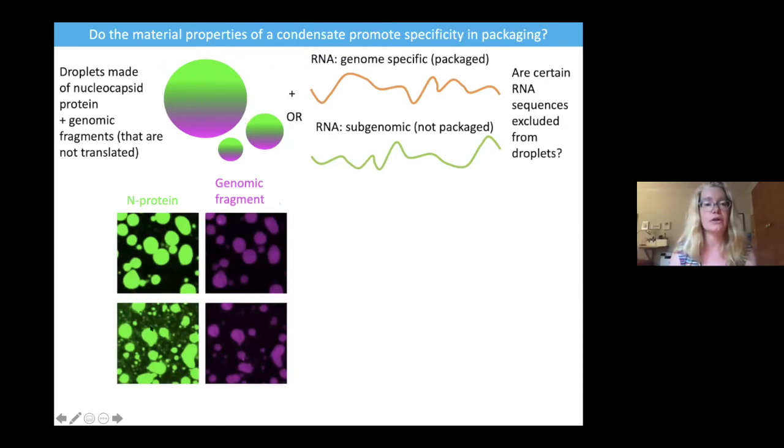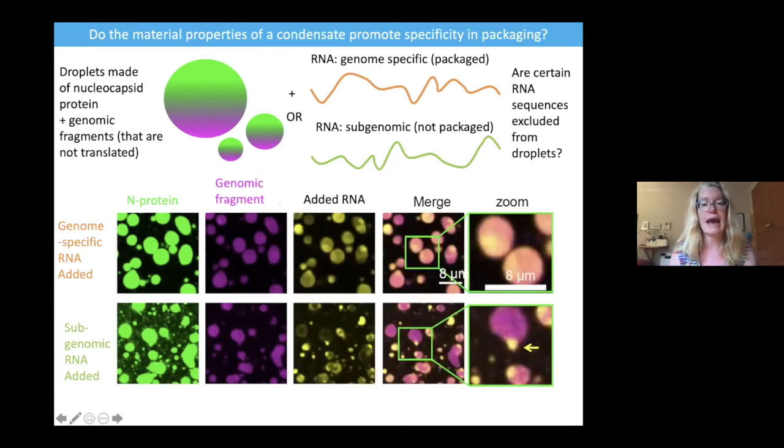And so here you can see the starting state. And in the top row, you'll see genome-specific RNA, and in the bottom row, you'll see the subgenomic RNA added. And so we were really surprised to see a very strong effect here. So these RNAs that we're adding are the same length, they just vary in their sequence composition.